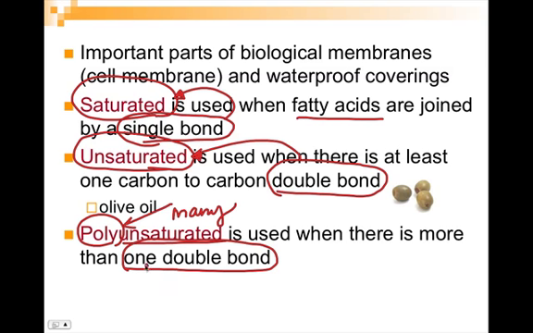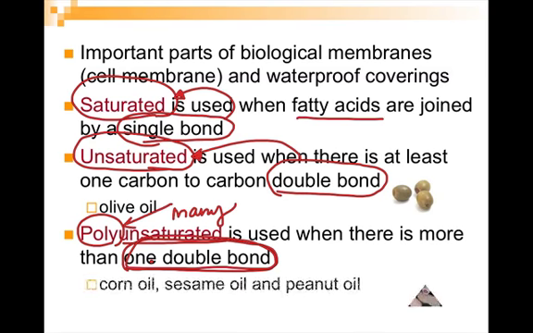So these are many double bonded carbon-to-carbon lipids. Examples of polyunsaturated fats or lipids are corn oil, sesame oil, and peanut oil. This concludes section 2-3, part 1 video.